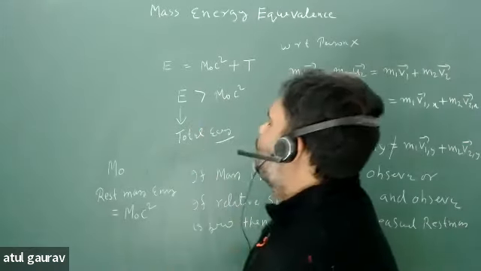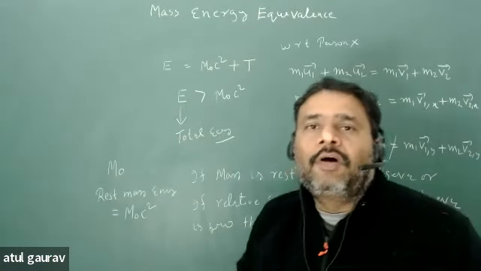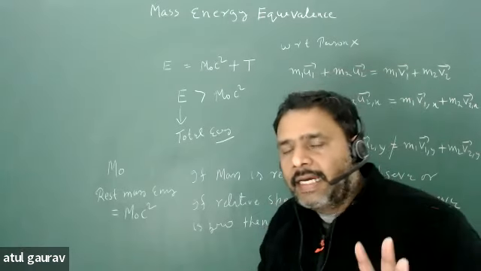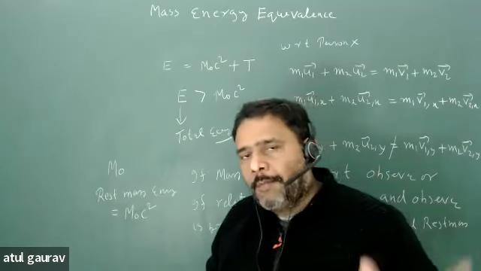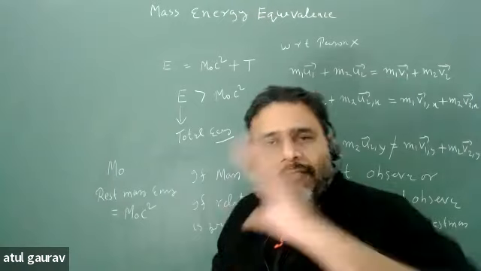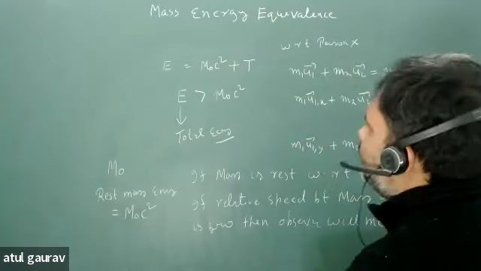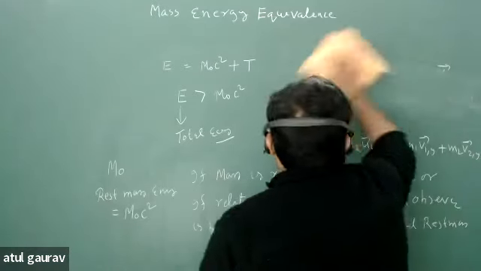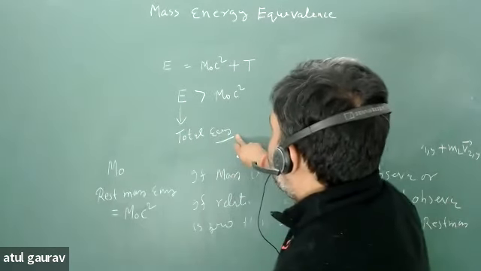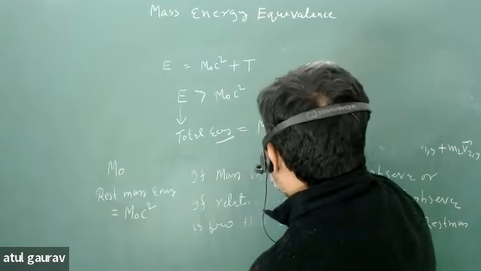And now according to Einstein, this energy can also be written in terms of mass. What did Einstein say? Einstein said that any energy you can write as equivalent to mass, and you can write any mass as a function of energy. So Einstein told us that this total energy is equivalent to m into c square.